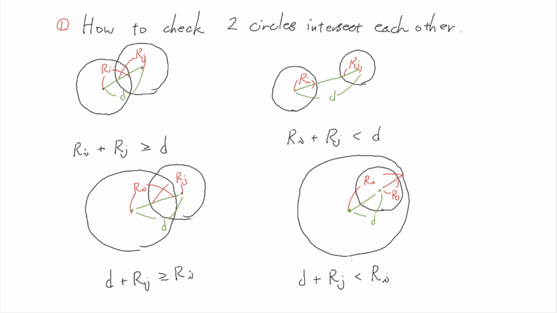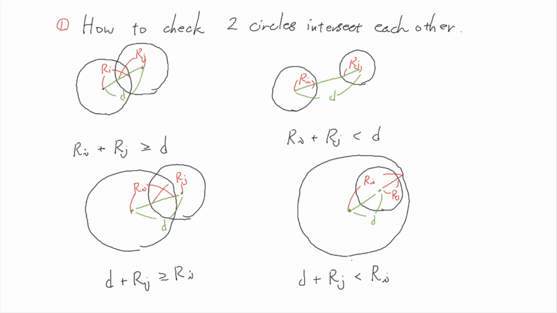One is Ri, the radius of the I circle, and Rj is the J circle's radius, and D is the distance between the centers of these circles.